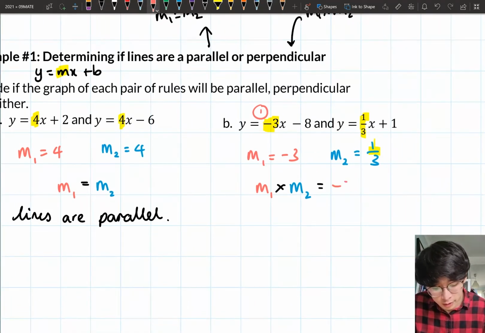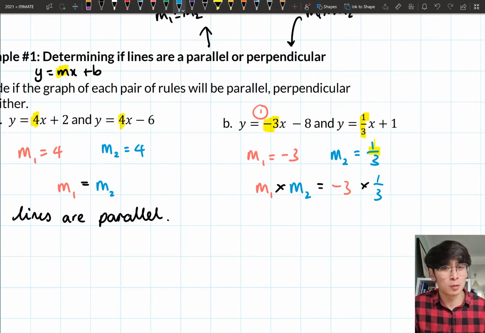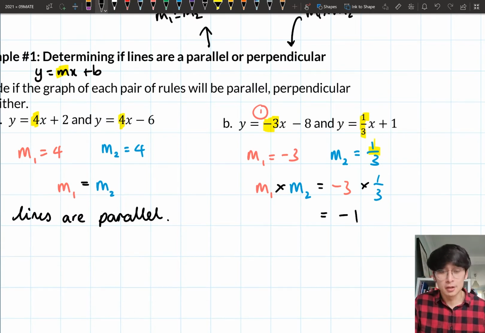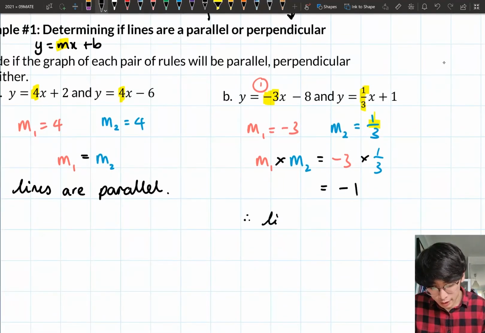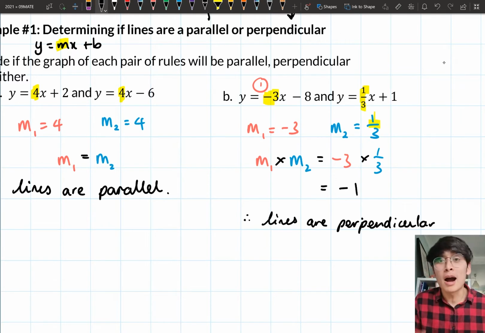Here, m1 is -3, and I'm multiplying that with 1/3. Now, -3 times 1/3 will just give me -1. Okay, cool. So when we multiply the two gradients, that equals -1. If that's the case, that means that they have to be perpendicular. So therefore, the lines are perpendicular. If they multiply together and give me -1, that means the lines are perpendicular.